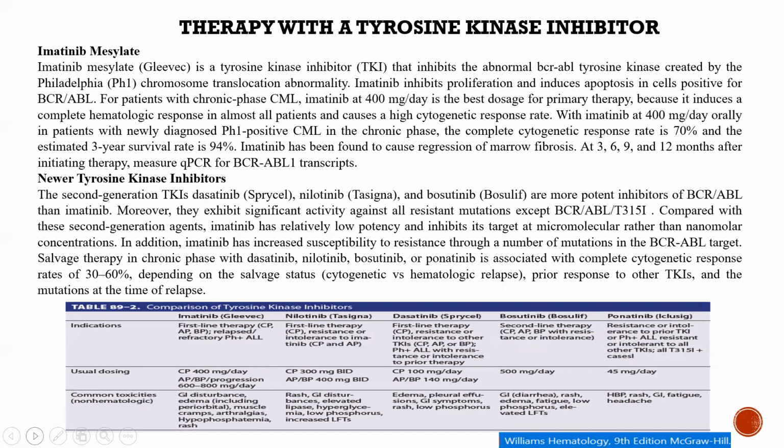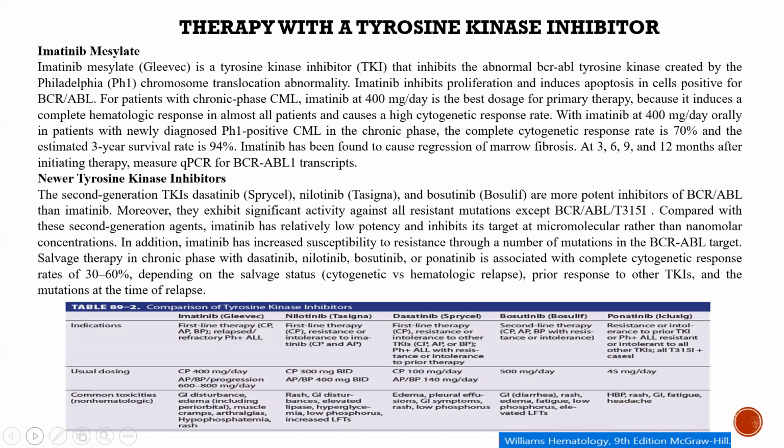With imatinib at 400 milligrams a day orally in patients with newly diagnosed Philadelphia chromosome positive chronic myelogenous leukemia in the chronic phase, the complete cytogenetic response rate is 70%, and the estimated 3-year survival rate is 94%. Imatinib has been found to cause regression of marrow fibrosis at 3, 6, 9, and 20 months after the initiation of therapy. Measuring BCR-ABL1 transcripts by PCR is required.